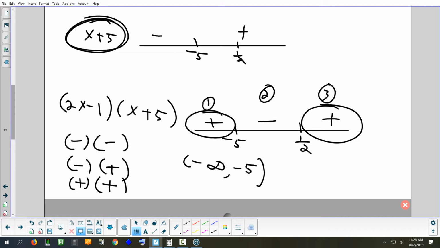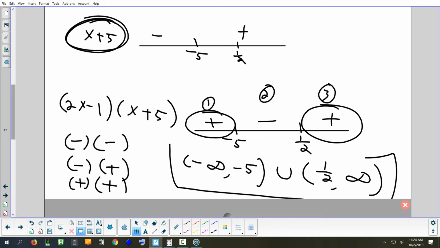Negative infinity up to not including negative 5, or you can pick a number from 1/2 to infinity. Another way to say it, a number less than negative 5 or greater than 1/2. And that's the answer.